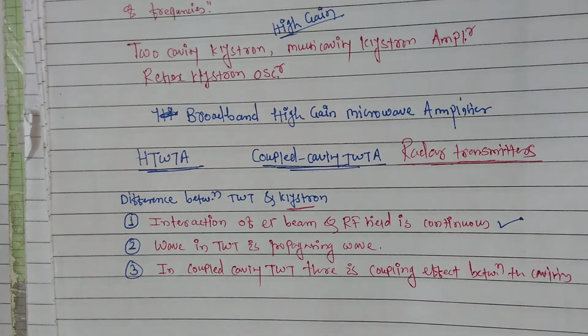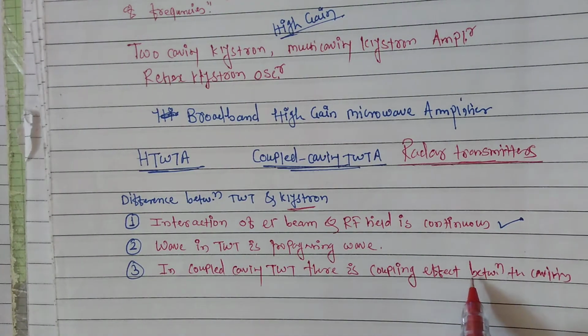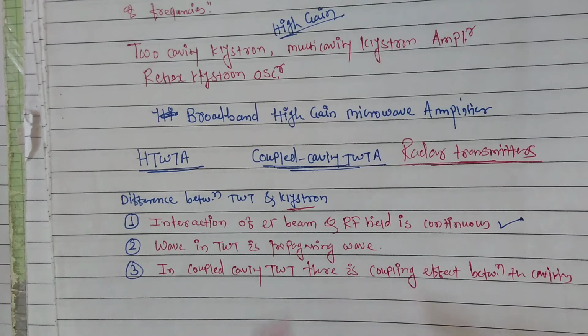This is an important point one has to note down before we proceed with our discussion of traveling wave tube amplifiers. This coupling effect between the cavities will be there for TWTs, whereas for klystron, each cavity operates independently.